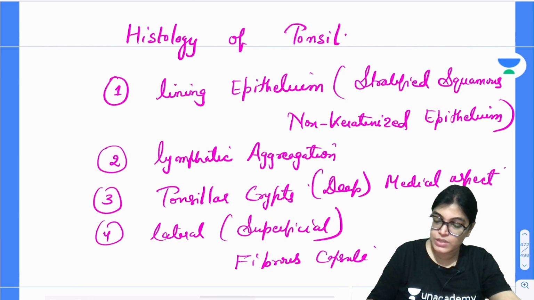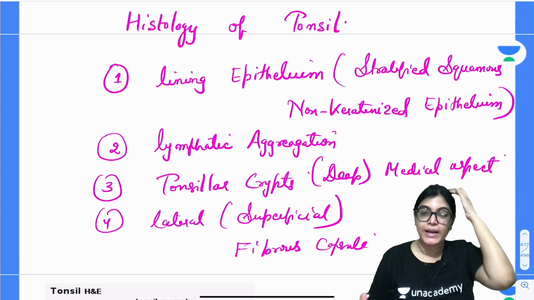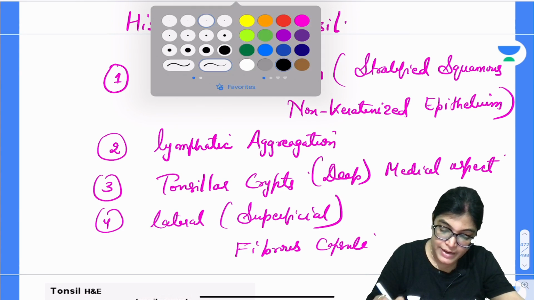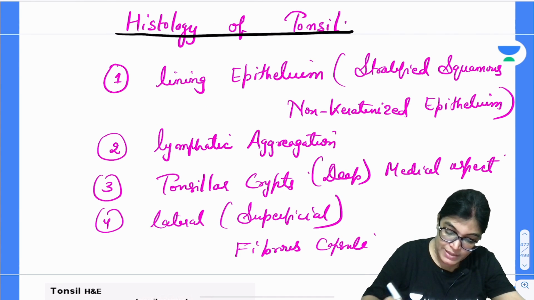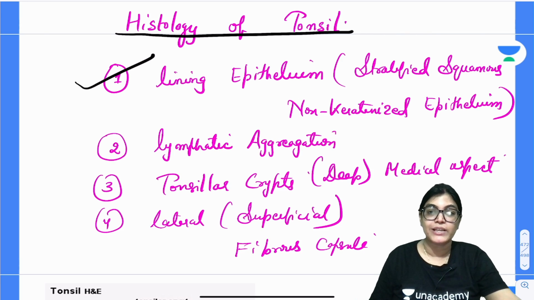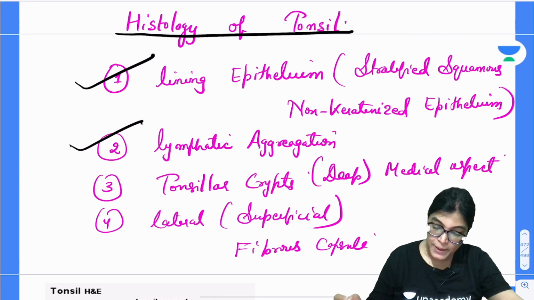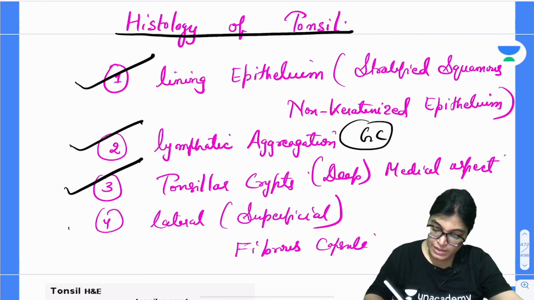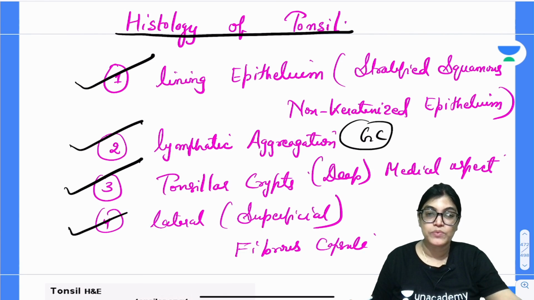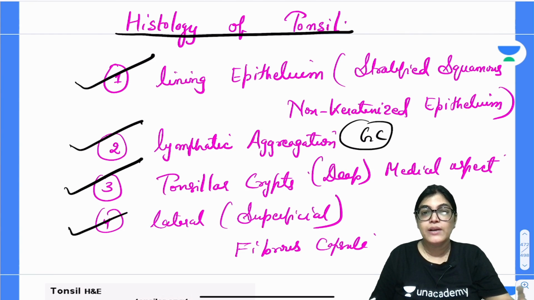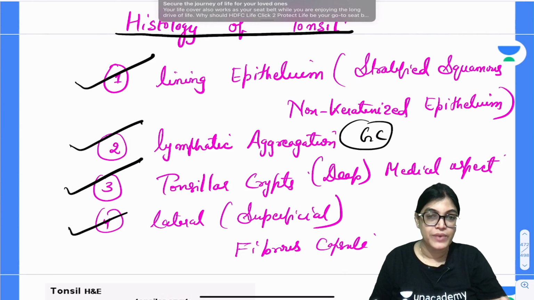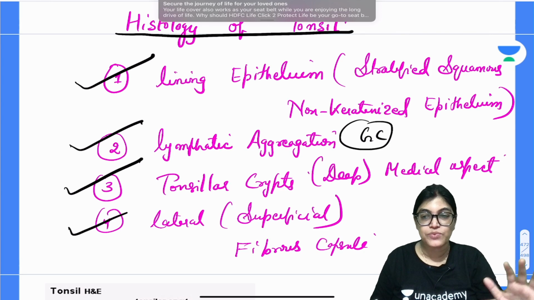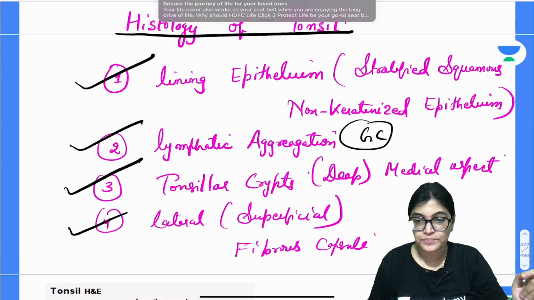Whenever you see a slide with many lymphatic aggregations, lining epithelium of stratified squamous non-keratinized epithelium, lymphatic aggregation with germinal center, tonsillar crypts on the medial aspect and the lateral superficial part covered by a fibrous capsule, all these features suggest that this is a slide of tonsil. Very easy to identify.